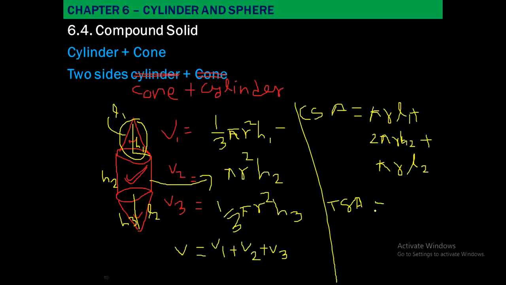Now find CSA: pi r L1 plus 2 pi r S2 plus pi r L2.